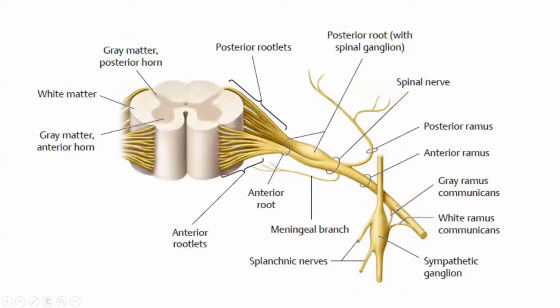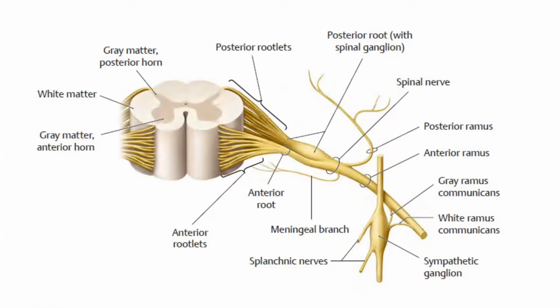The strongest one is the ventral branch, then the white ramus communicans, the gray ramus communicans, the meningeal branch, which goes back to the spinal cord and meninges, and the dorsal branch, or the posterior ramus or dorsal ramus of the spinal nerve. This branch, after a short course going dorsally, divides into lateral branches and medial branches, which I'm going to talk about.